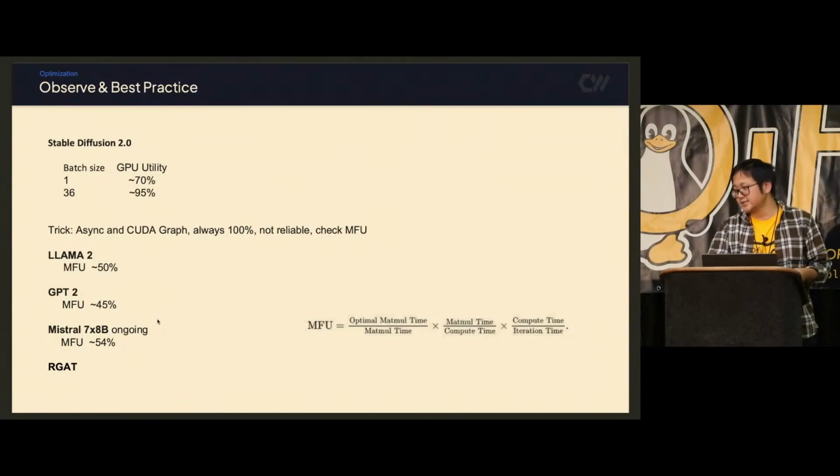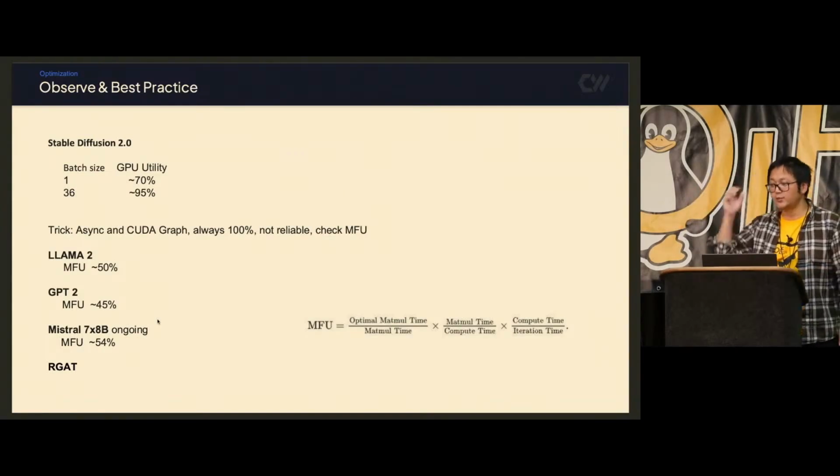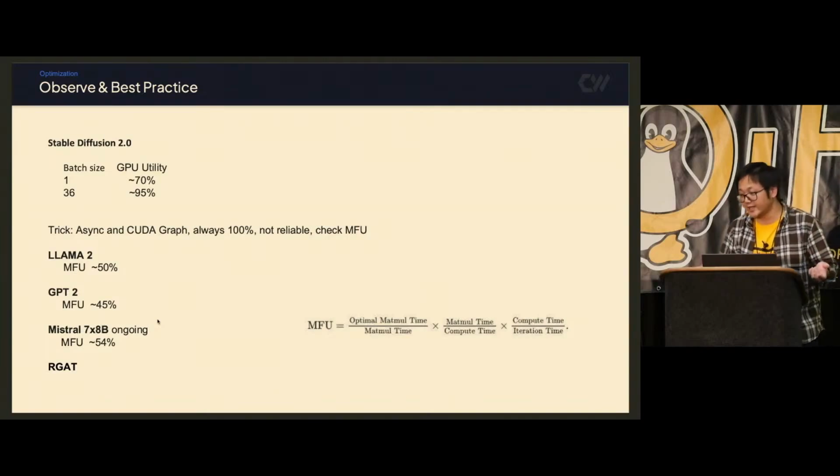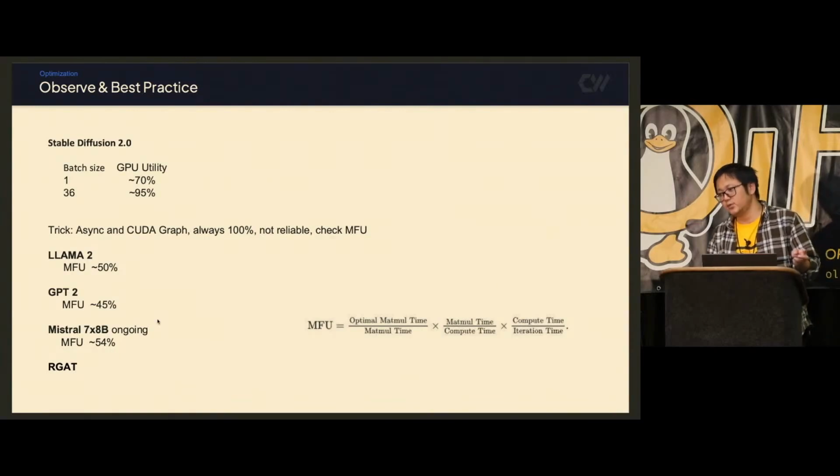So like I said, when we're doing all this optimization, we track different metrics to see how it works. During our Megatron test, when we were using Stable Diffusion, we saw that different batch sizes cause really different GPU utilization. That gives an idea that GPU utilization is actually not a good metric for optimization, because there's some trick there.